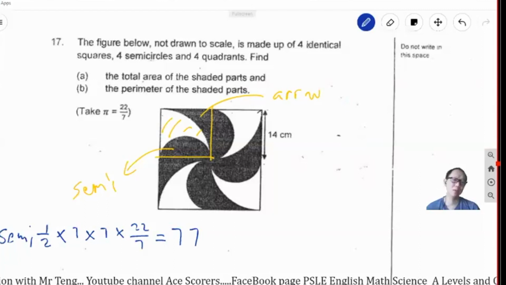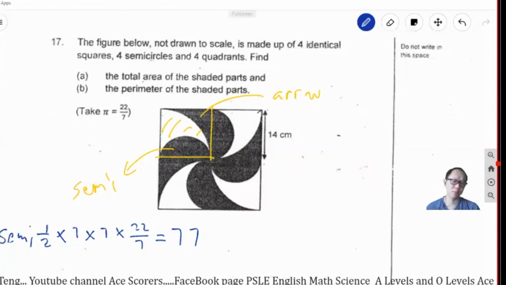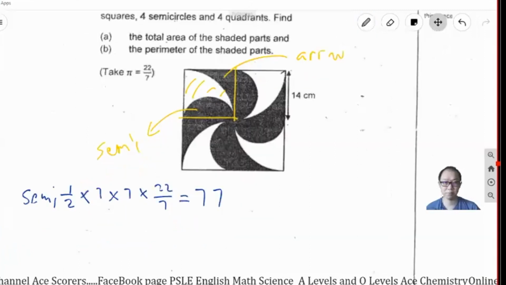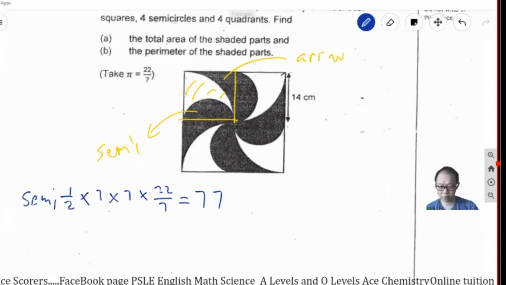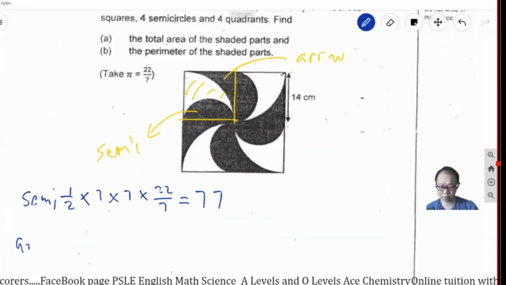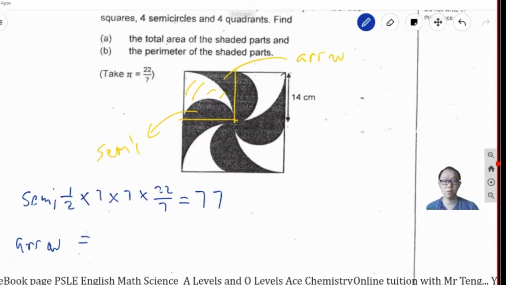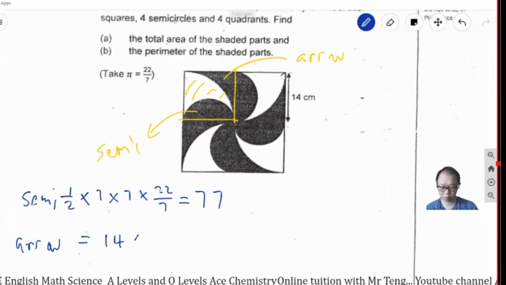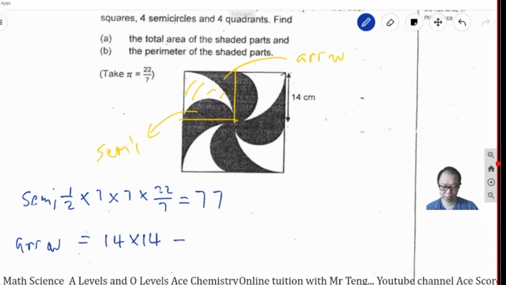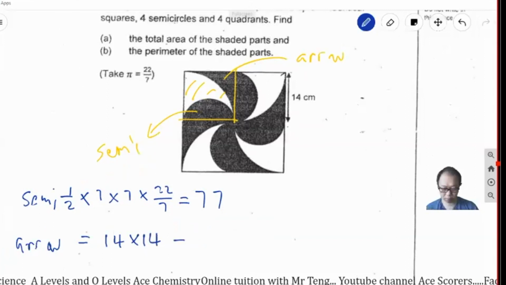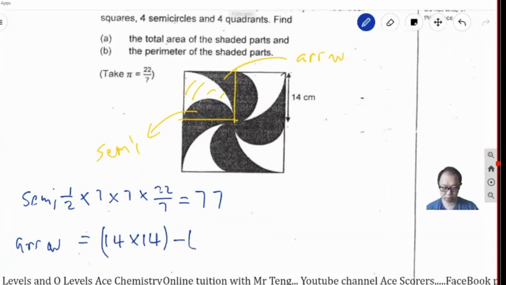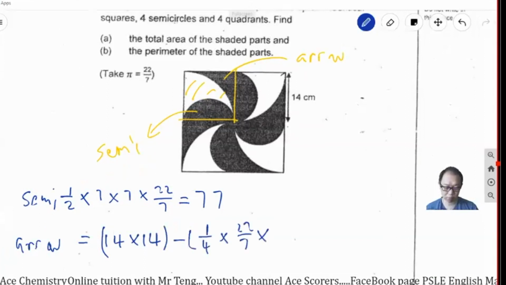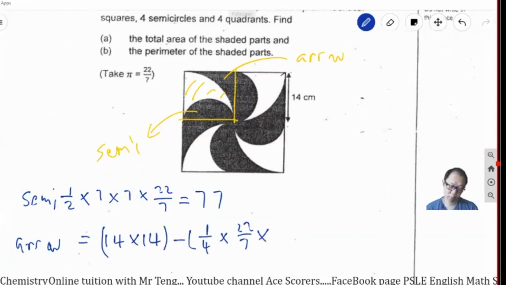To find the arrowhead, you need to take the area of the square minus the quadrant. Arrowhead is the square, which is 14 times 14, minus the quadrant. Quadrant is 1/4 times pi times 14 times 14.